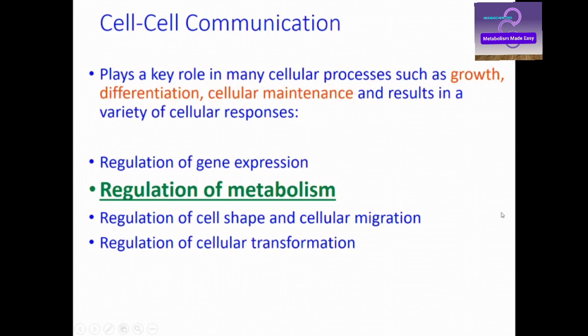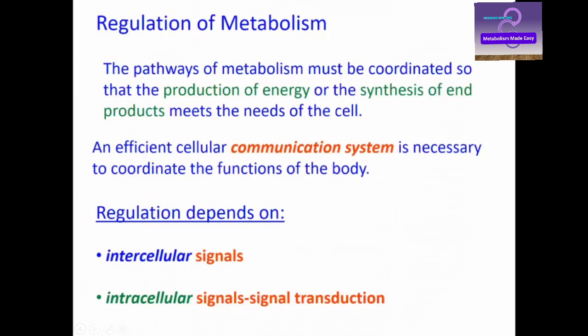And that occurs through a variety of different hormones, growth factors, and so on. So in order for cells to function optimally, they have to be able to know what's going on. They have to know that we have plenty of glucose or we don't have plenty of glucose. So an effective communication between cells is extremely important.